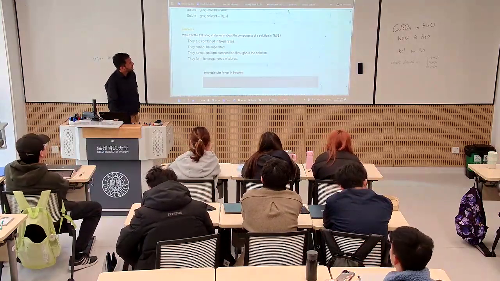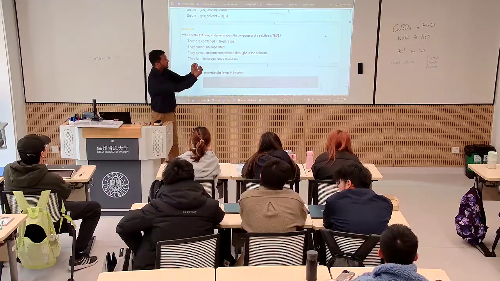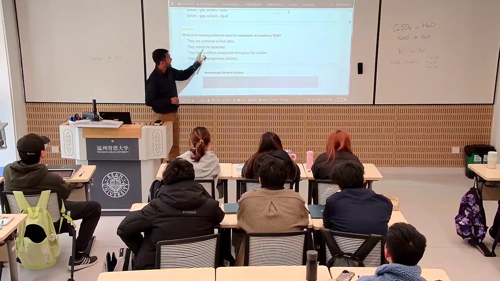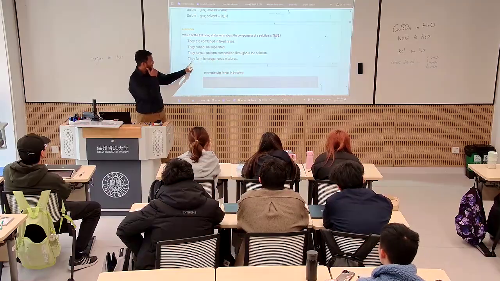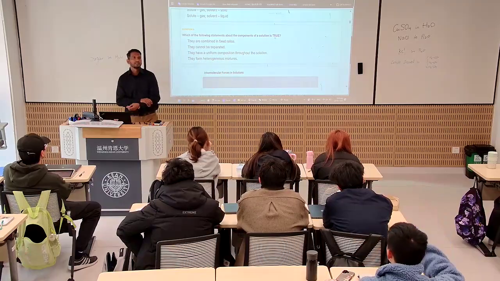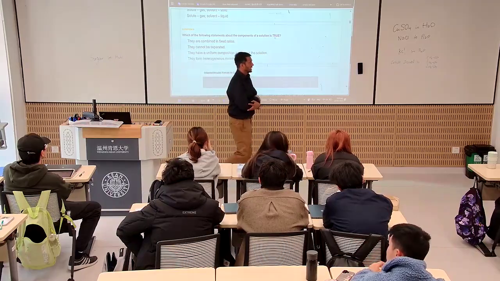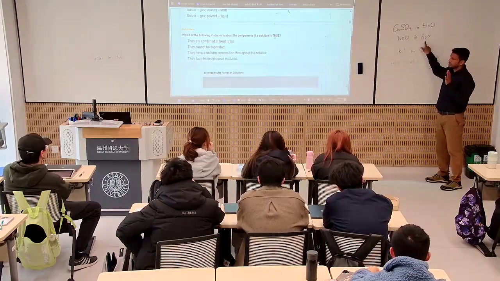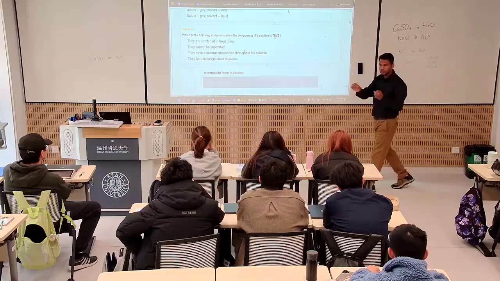Which of the following statements about the components of a solution is true? The components of the solution are combined in a fixed ratio. They cannot be separated. They have a uniform composition throughout. They form a heterogeneous mixture. What is the answer? If I mix 1 gram in 100 ml water, it is called a solution. Can I dissolve 2 grams in 100 ml? 3 grams? Can I change the composition?